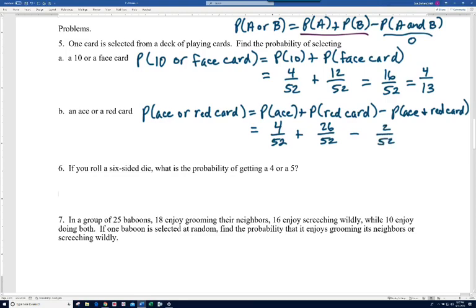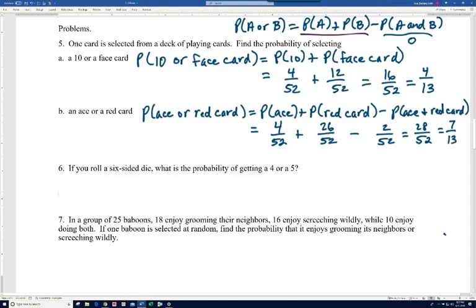So 4 and 26 is 30 minus 2 is 28. And let's see, if we divide by 4, we'll get 7/13.